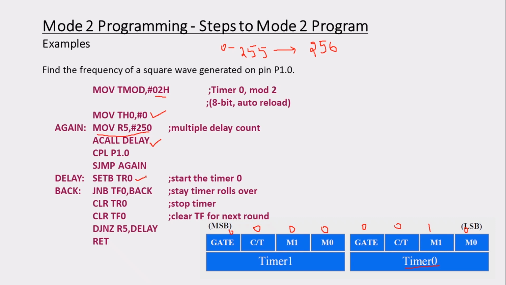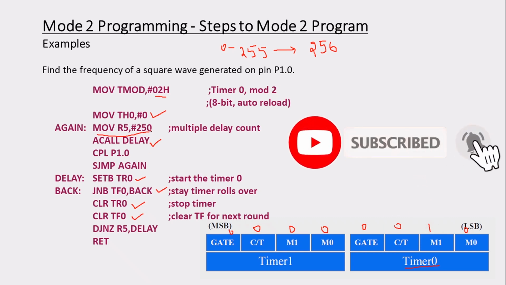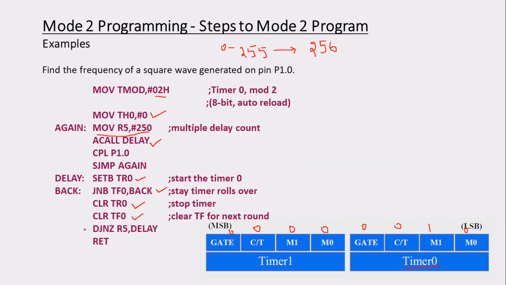Then the timer has been started, and we keep track of my TF flag, whether it is going high or not. Once the TF flag is set, I need to stop my timer and clear my TF flag. I'll decrement this particular register value one time, and then come back to this loop.